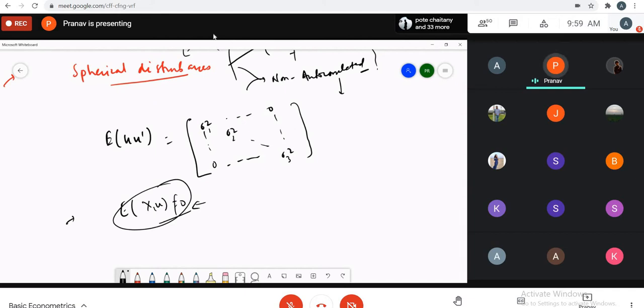It might happen that your error observations tend to have some sort of correlation with the regressors or explanatory variables that you have used in the model, because your errors more often than not are a list of all the variables which either you could not enter explicitly in the model, or which are very difficult to measure quantitatively, something like aptitude, all those latent variables which are very difficult to quantify.